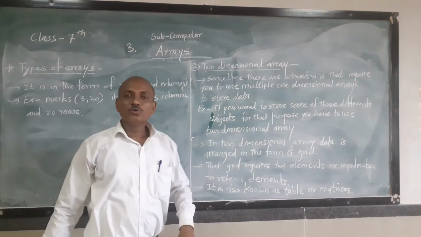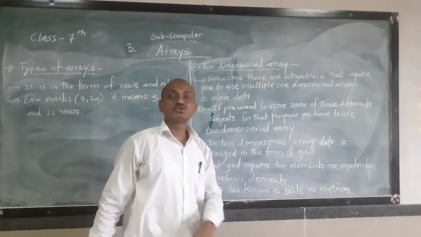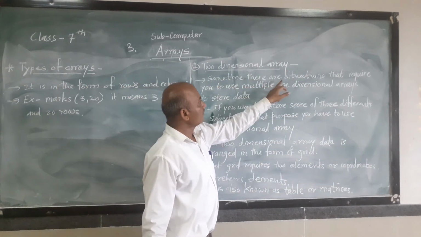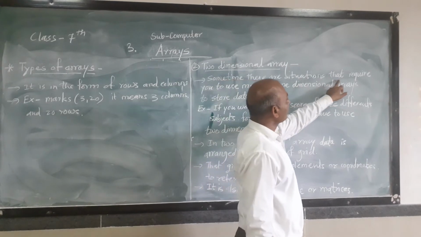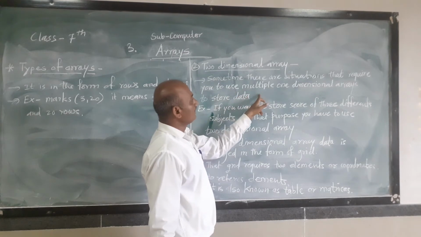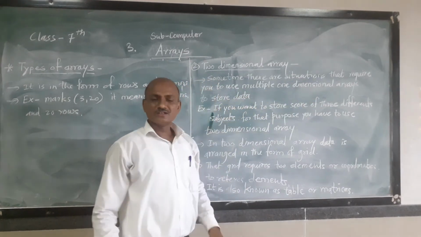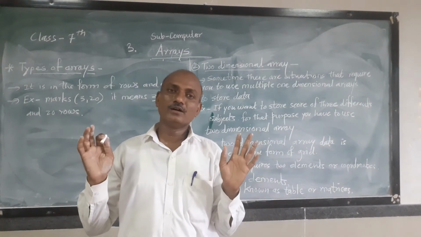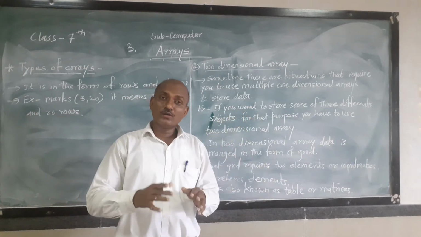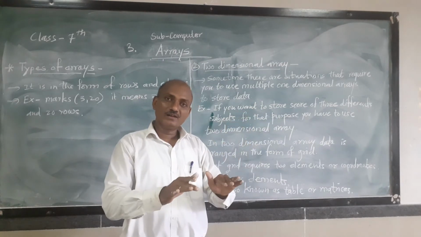Okay, now the second type is the two-dimensional array. What is a two-dimensional array? See, sometimes there are situations that require you to use multiple one-dimensional arrays to store the data.